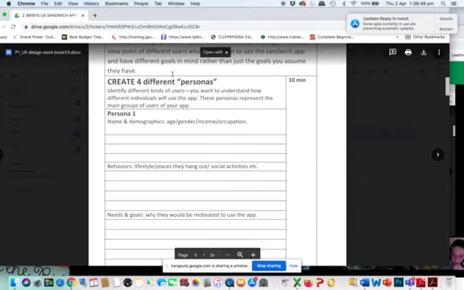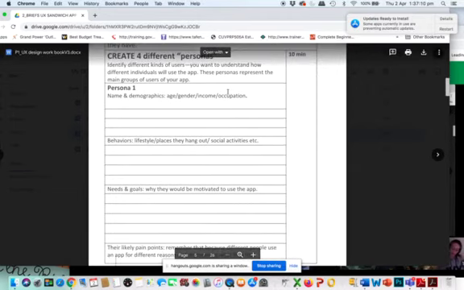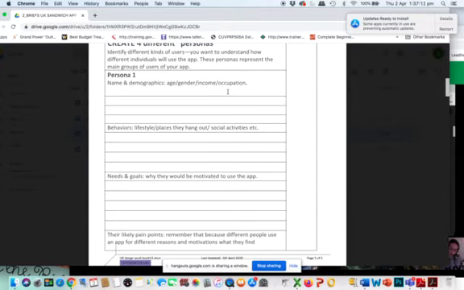Are they wealthy? Are they likely to spend a lot more to guarantee they've got beautiful ingredients and they want caviar on the list? Or are they an average family and there's no way they want caviar? Okay, and what do you imagine their occupation might be? If you find this a little bit too abstract, of course you could base it around people you know, if you think they represent particular users.